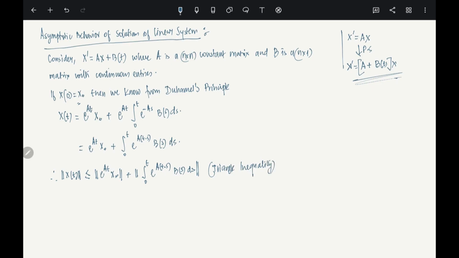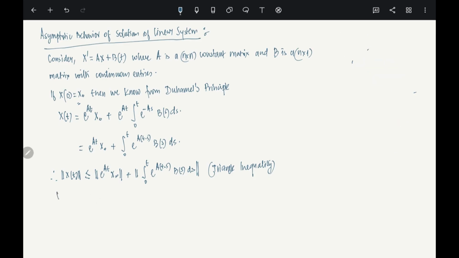Now see this term again. You remember in the first lecture, when we talked about the norm of e to the power At, we wrote it as less than or equal to e to the power eta t, for some eta. So I am going to use that fact here.